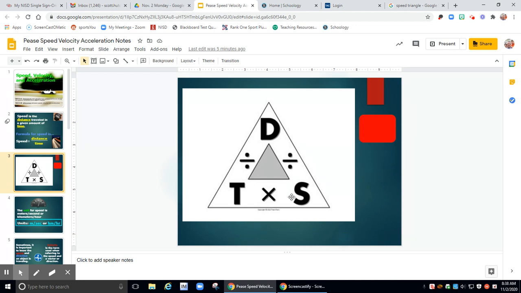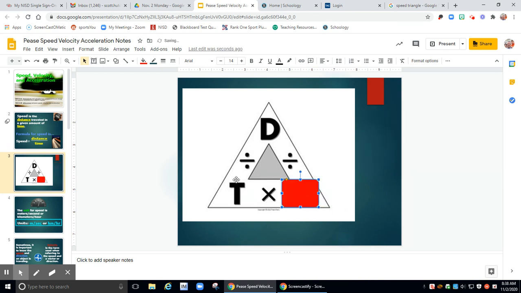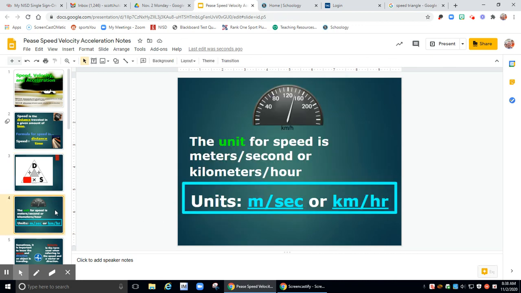How we use this triangle is, if the question is asking you for speed, we cover up the S and it's distance divided by time. If we're looking for the distance, given the speed and the time, it's speed times time. And if we're looking for time, then it is distance divided by speed. So you'll need to be familiar with how to manipulate that formula.